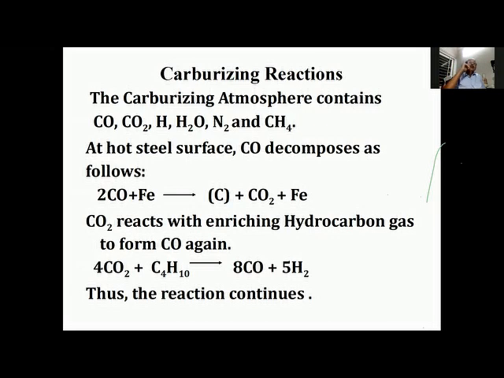So at the hot steel surface, carbon monoxide decomposes as 2CO plus iron gives you one nascent carbon and one CO2 is generated, and iron remains as is. So the hot metal surface is acting as a catalyst.